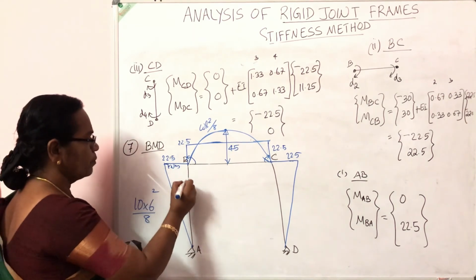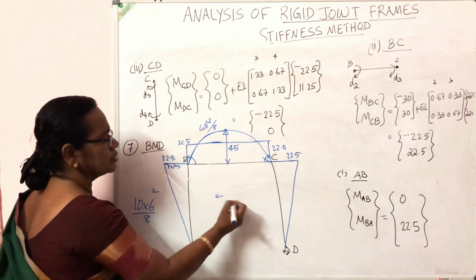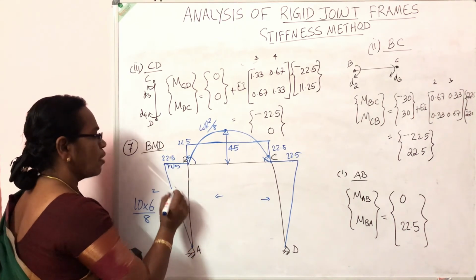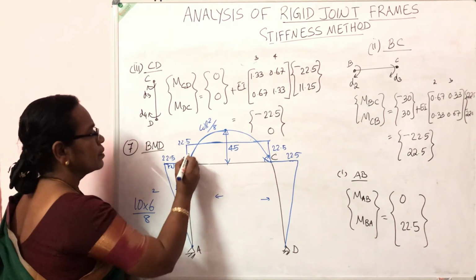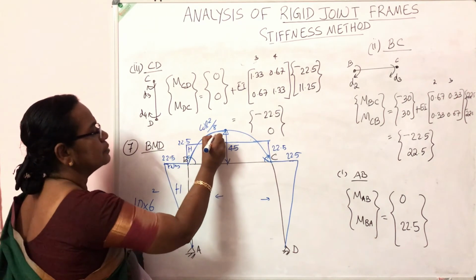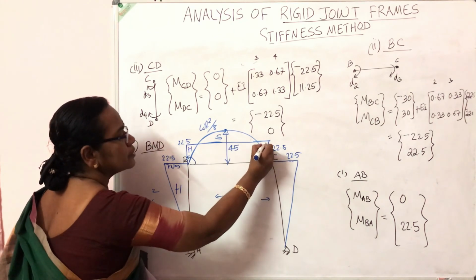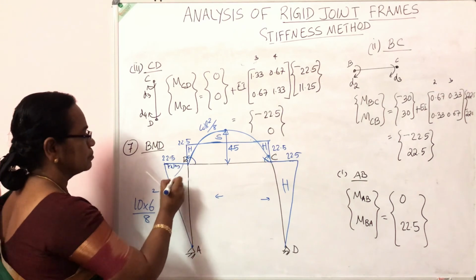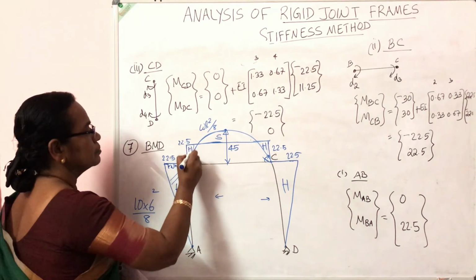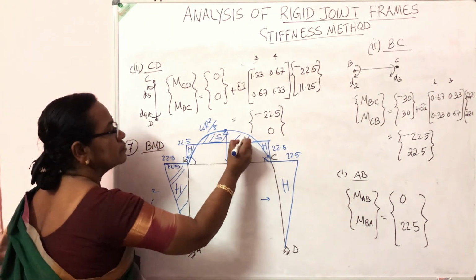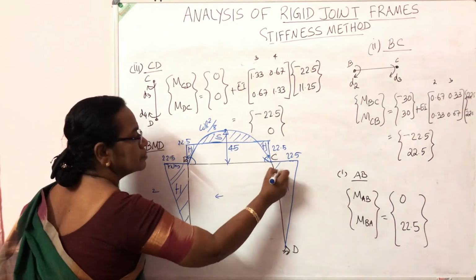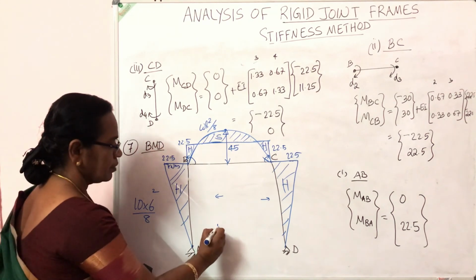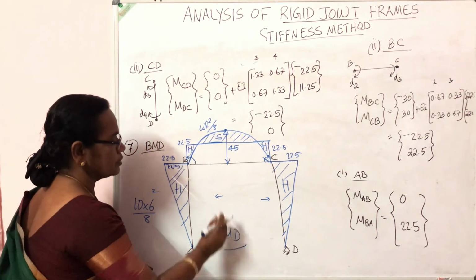Now you hatch. Standing here and looking in this direction, if you draw it on the outside, it is hogging. This portion is sagging, this portion is hogging, and this is also hogging. Then hatch it. So this is the final bending moment diagram for the structure.